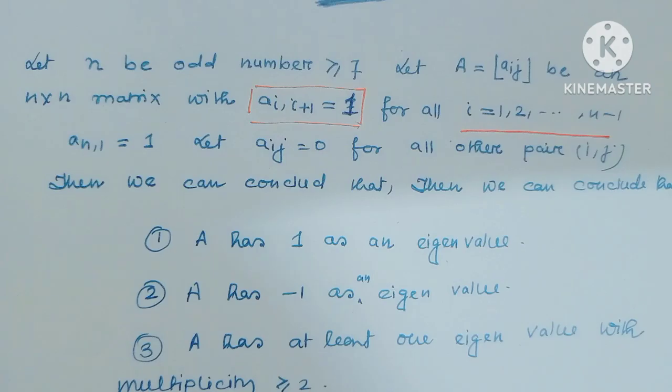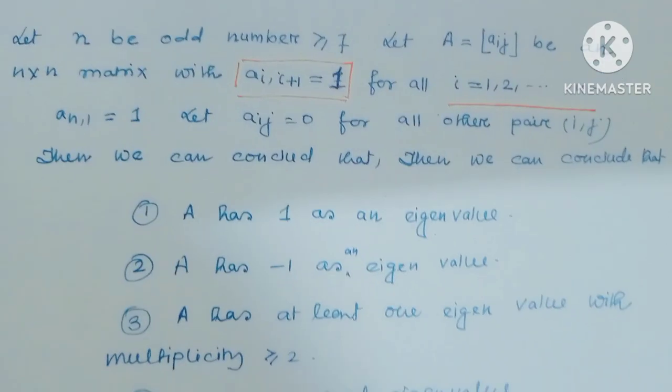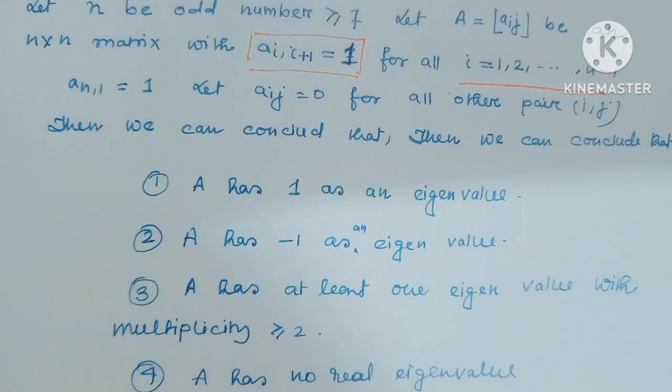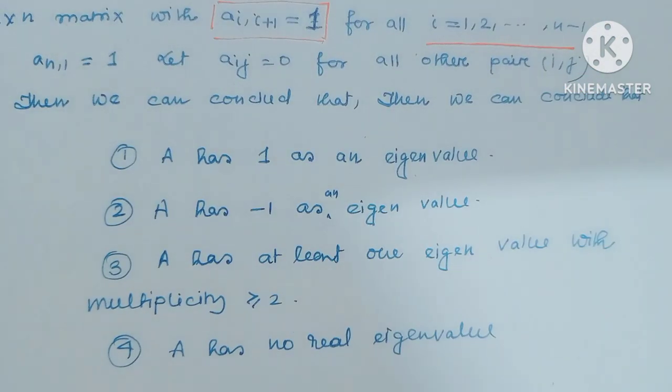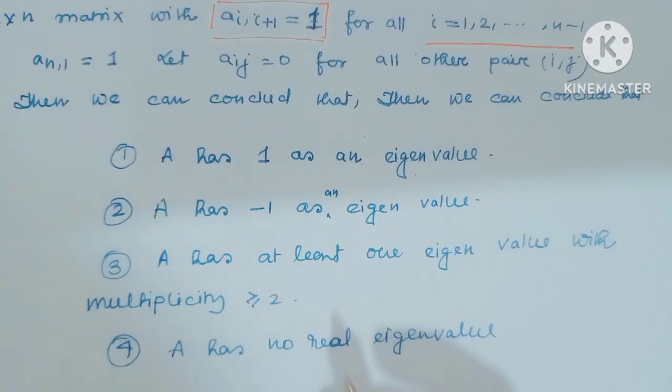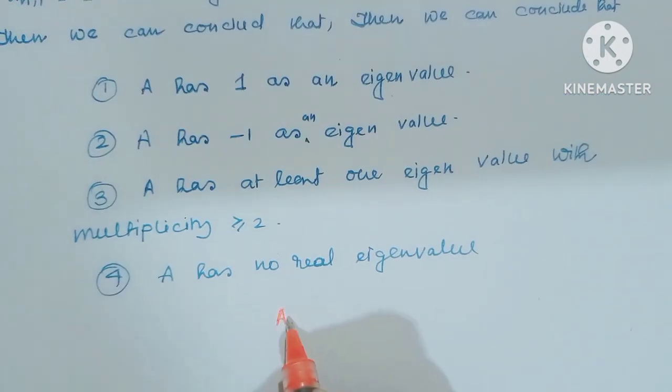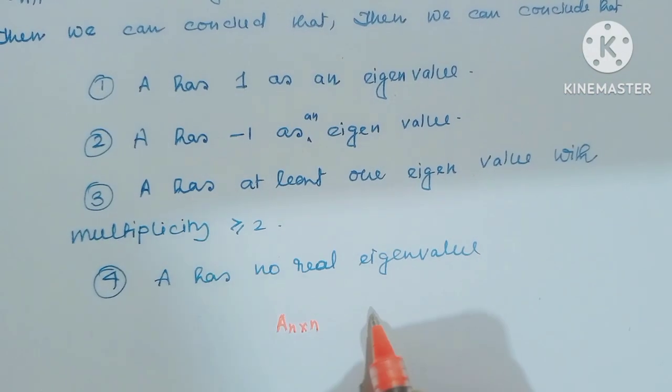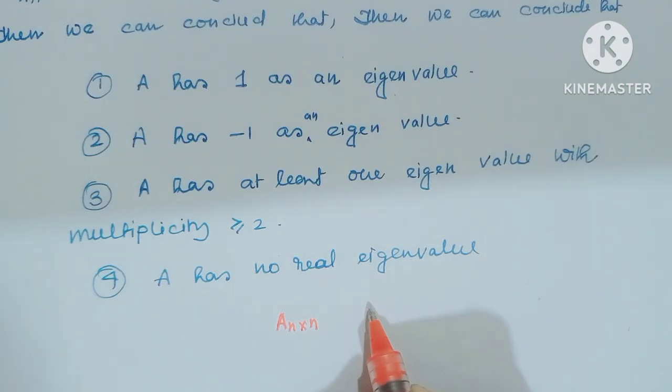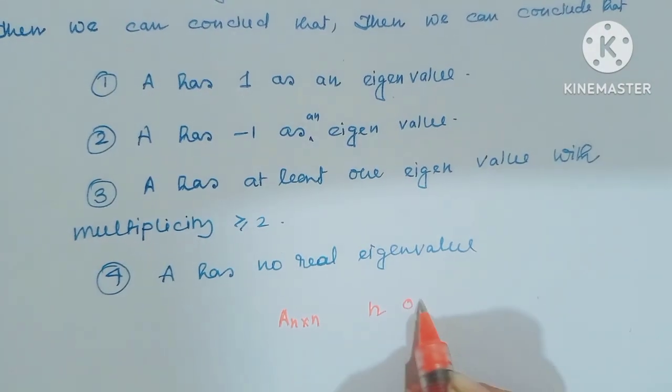Then we can conclude that A has 1 as an eigenvalue, A has minus 1 as an eigenvalue, A has at least one eigenvalue with multiplicity greater than or equal to 2, A has no real eigenvalue. Here A is the n cross n matrix and n is odd order, given.